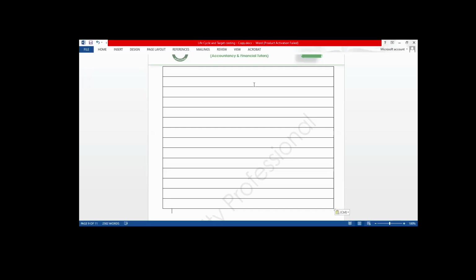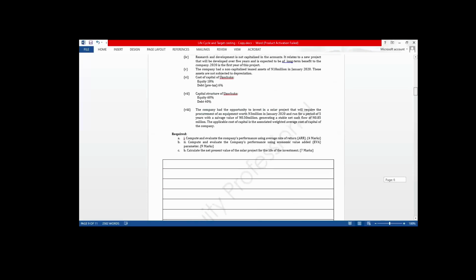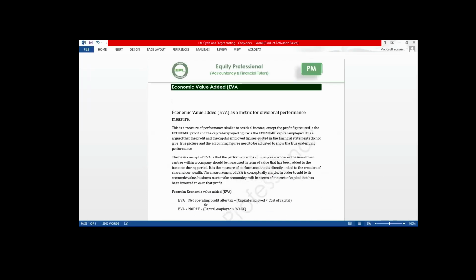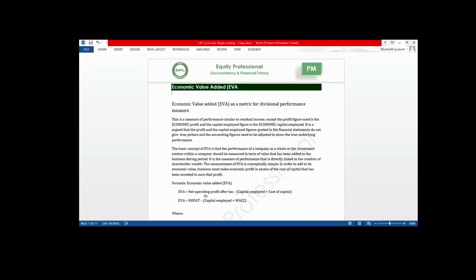We discussed this. We now said to minimize this risk, a company that is operated along divisional structure must introduce an appropriate performance evaluation method. If a company is operated along divisional structure, the company must introduce an appropriate divisional performance measure.